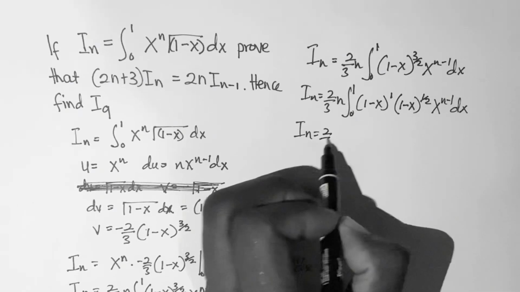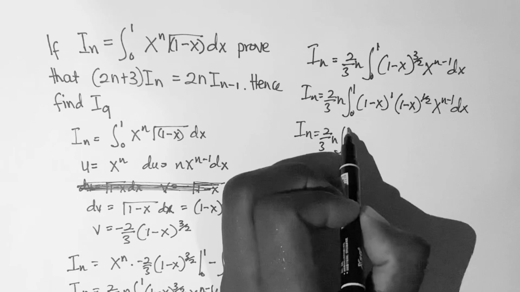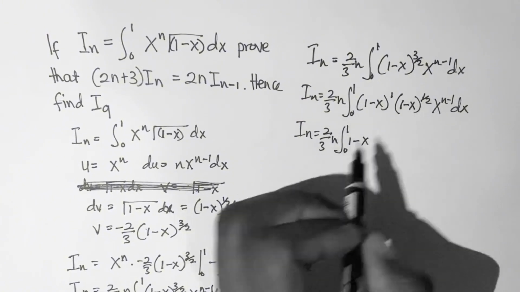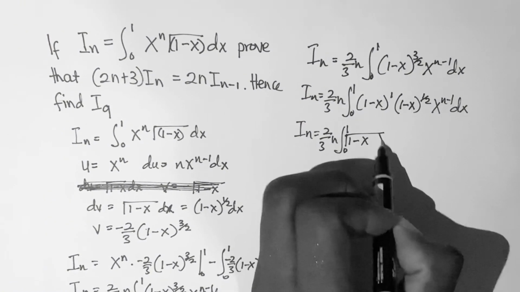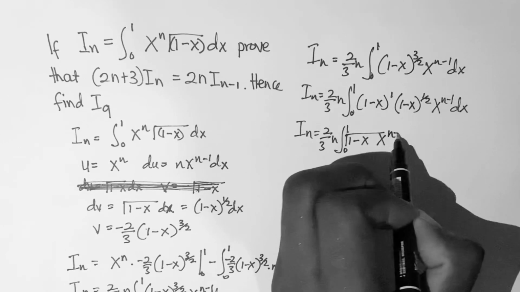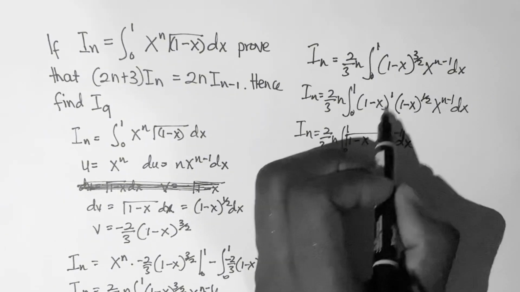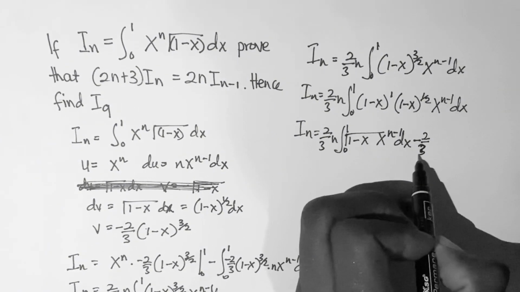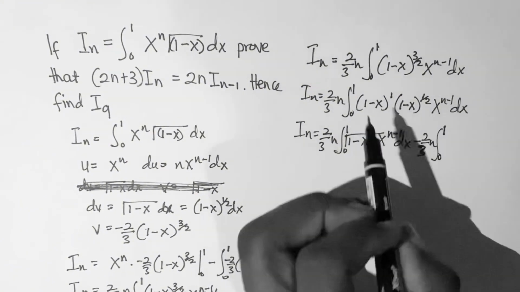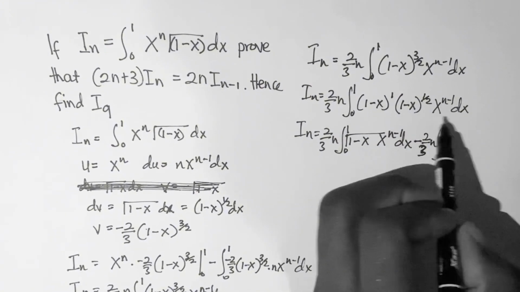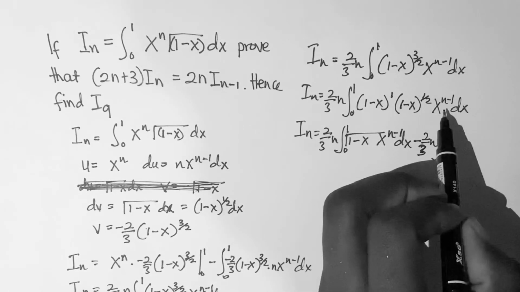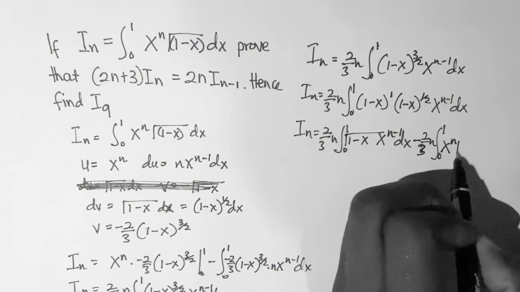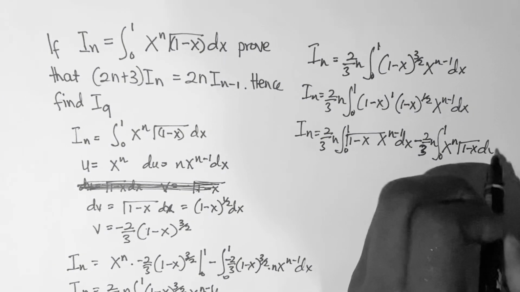So it becomes 2 over 3n times the integral from 0 to 1 of the square root of (1 minus x) x^(n-1) dx. Then there's an x here, so minus 2 over 3n times the integral from 0 to 1. Now this x will multiply x^(n-1), leaving x^n, then the square root of (1 minus x) dx.